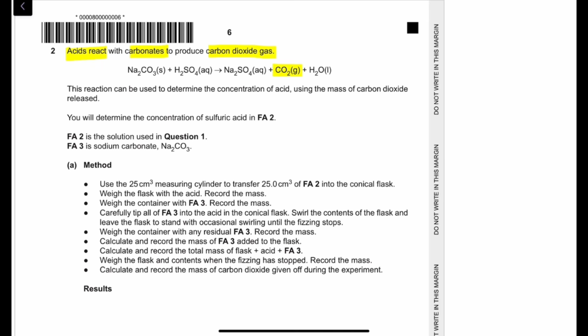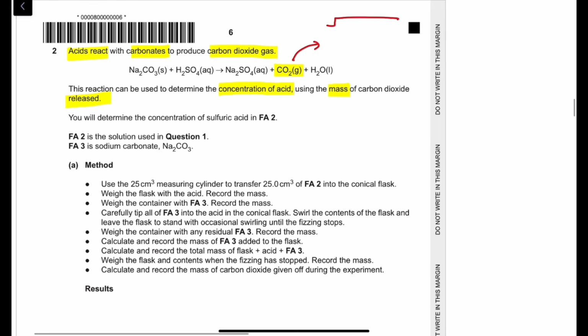This is the equation for the reaction that occurs when sodium carbonate reacts with sulfuric acid. The reaction can be used to determine the concentration of acid by using the mass of carbon dioxide released. So usually when we're doing reaction rates and gases are produced, we will use a gas syringe to measure the amount of CO2 produced via the volume of gas in the syringe.